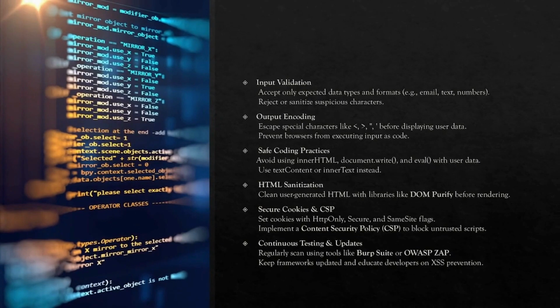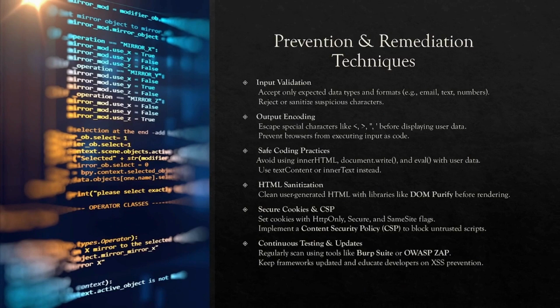So next are the prevention techniques. First comes input validation. In input validation, accept only expected data and formats, for example email, text, numbers, and reject or sanitize suspicious characters. I'll show you an example of how it works.